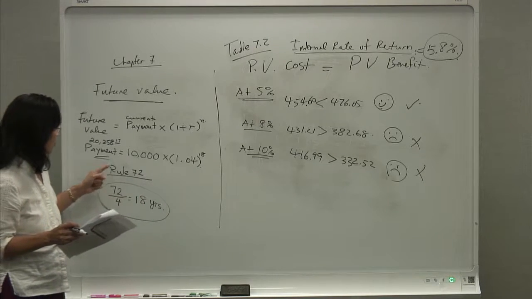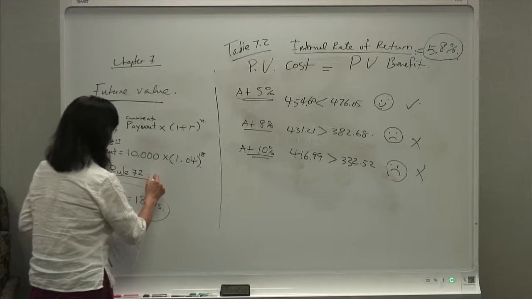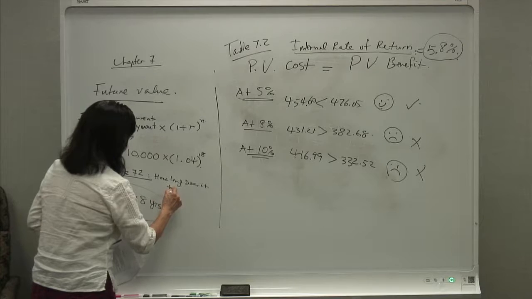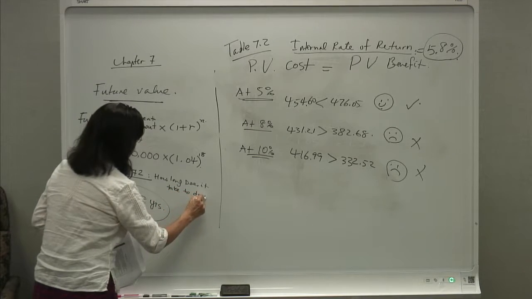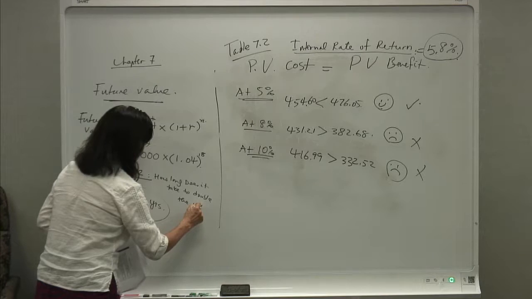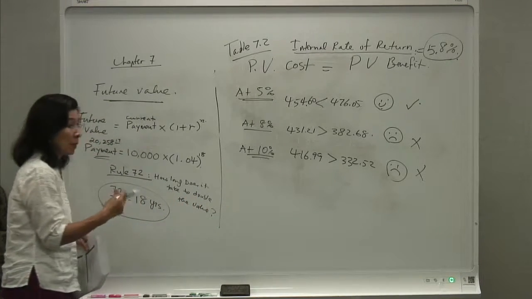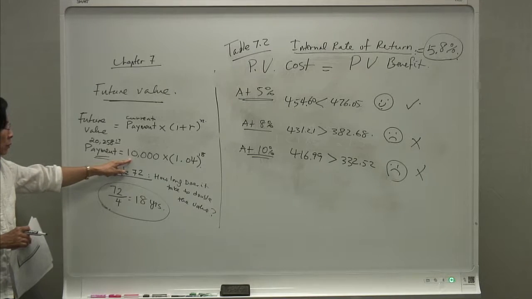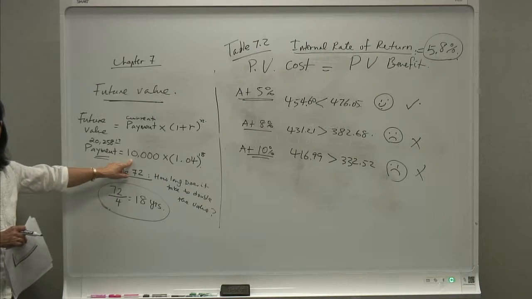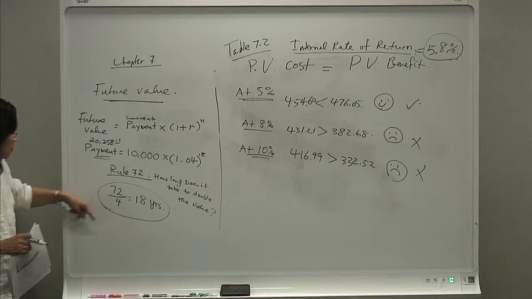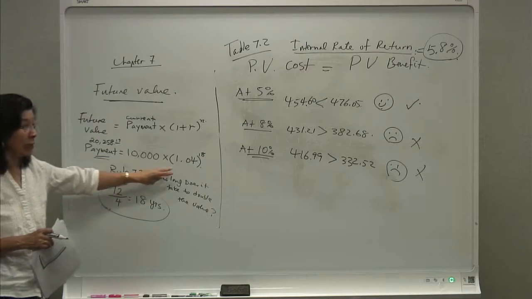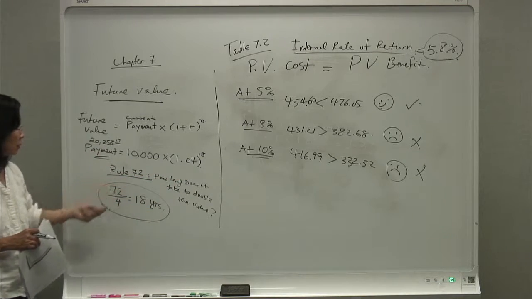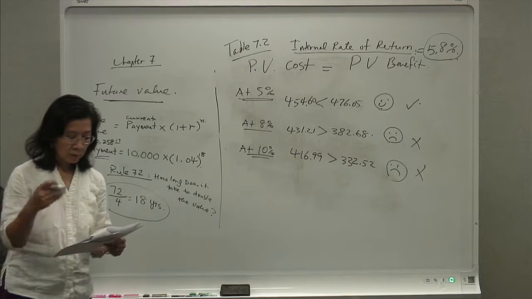If you use Rule 72, how long does it take to double the value? Okay, so that's the main question you ask when you apply this rule. You want to see when it would double if you put in 10,000 now. So you take 72 divided by the interest rate, and you get 18 years. So 18 years is the answer. You can refer to your book on that.